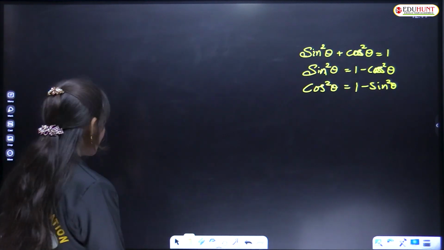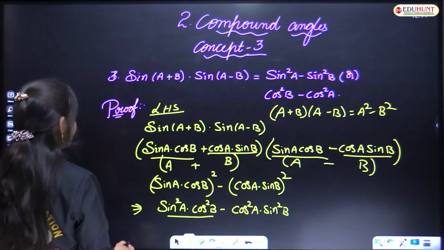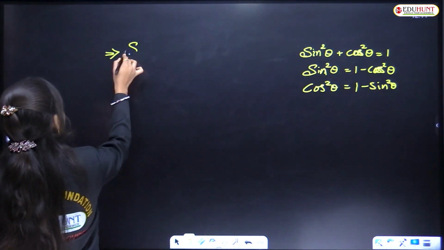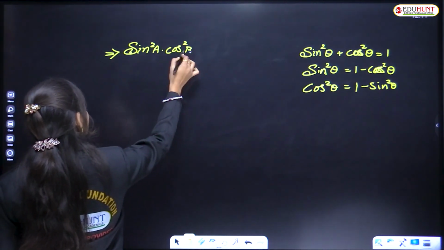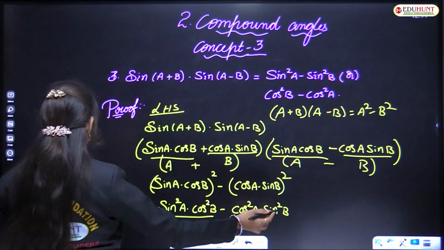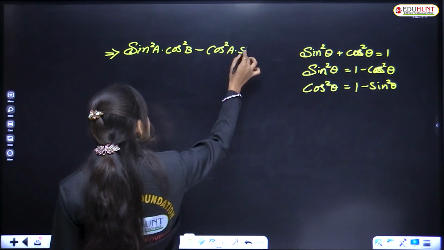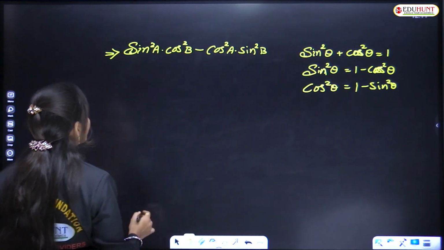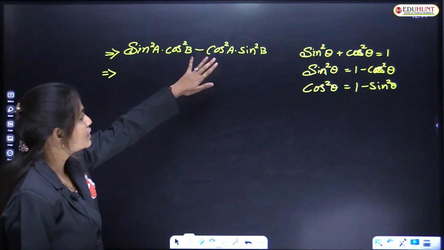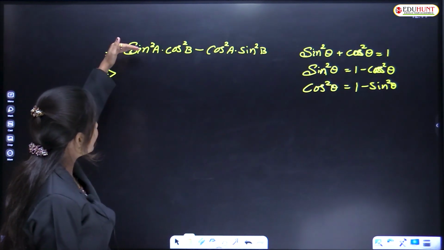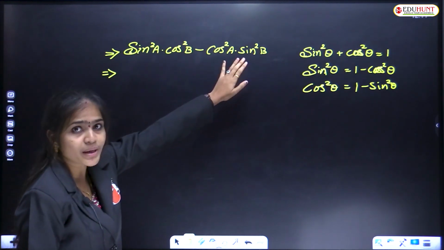Which one is suitable? That one we have to apply. So what we got: sin square a cos square b minus cos square a sin square b. First I want to change the cos terms. If you change the cos here, then change the cos here also, because here it has a term and there it has b term.